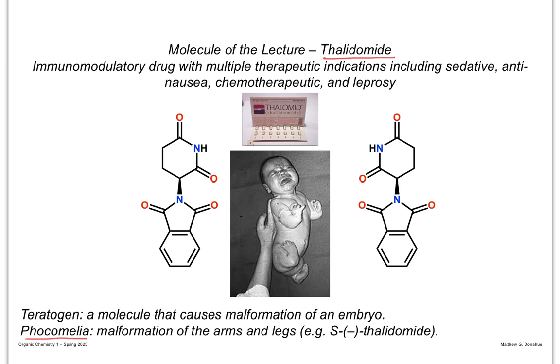You can see by looking at the structure, it has a stereogenic carbon. I'm highlighting that in red. That's a stereo center. We said that's an atom with 4 different substituents, therefore we can assign R and S to that stereo center.